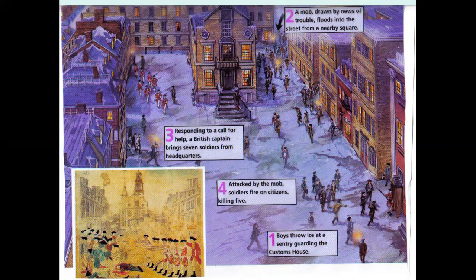Then they open fire into the crowd, and at least 5 people get shot, 5 of whom were killed. The first one we're aware of was Crispus Attucks, a free African American sailor by profession. He is counted as the first casualty of the American Revolution.